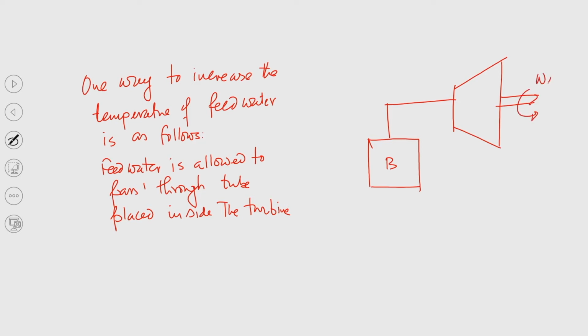So, we will be getting W out and the steam expands, and it will be allowed to pass through the condenser wherein we will be having heat rejection, and then the collected condensate will be pumped.